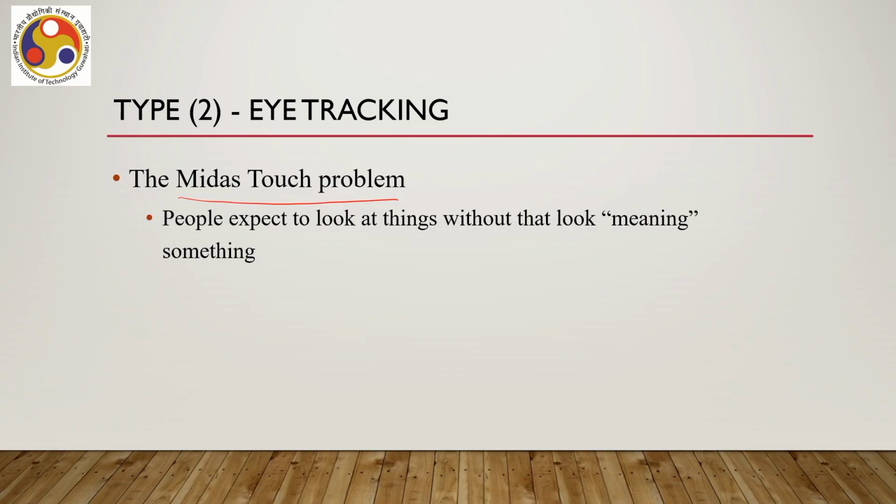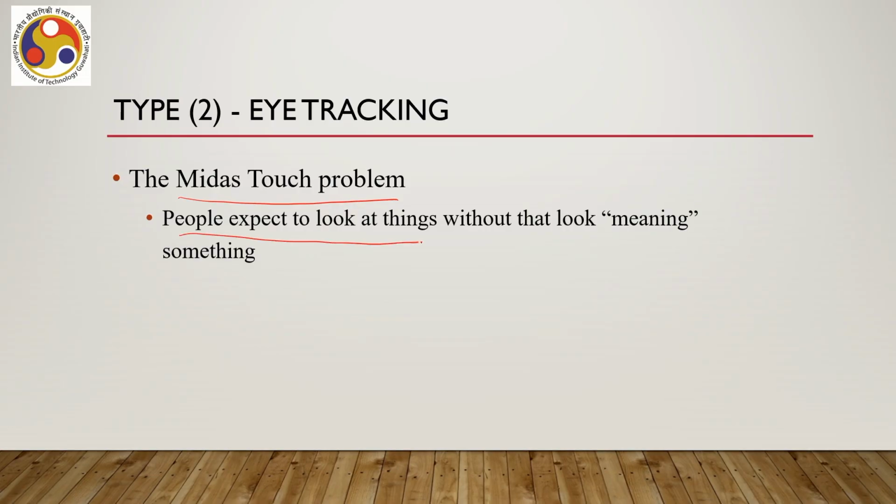If the system detects that we are looking at a point, whether that is because we are giving it just a blank gaze or we are actually intentionally looking at that point to select an object, it is unable to tell. So, it may select objects when we are giving it a look, although the user did not want to select it. That is called the Midas touch problem.